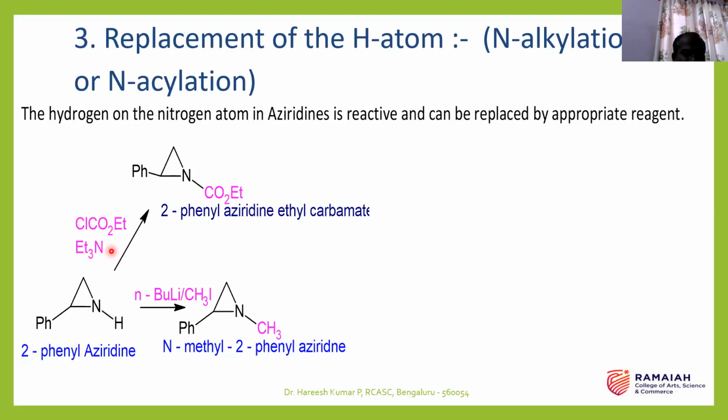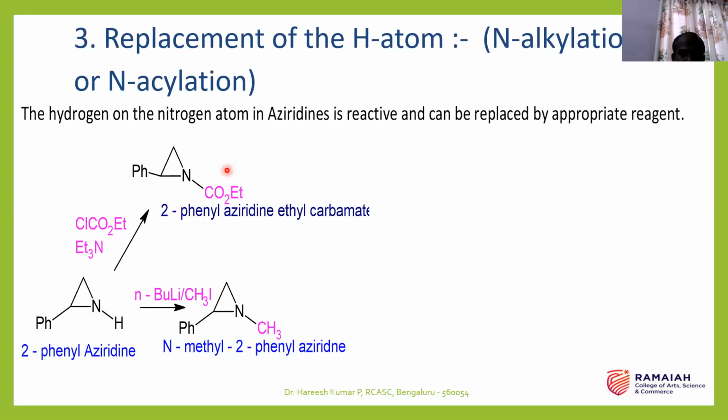So what will happen here? The lone pair on triethylamine can attack the electron-deficient carbon. Cl will go out, and HCl is taken up by the triethylamine. That means triethylamine gets converted into a quaternary salt, and there will be a bond formation between this nitrogen and this carbon.